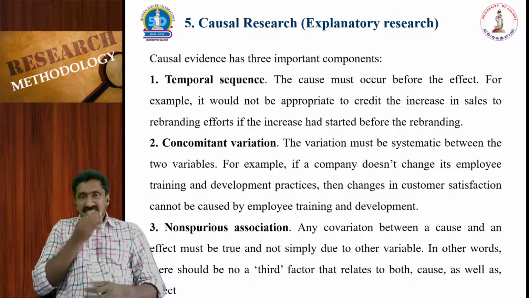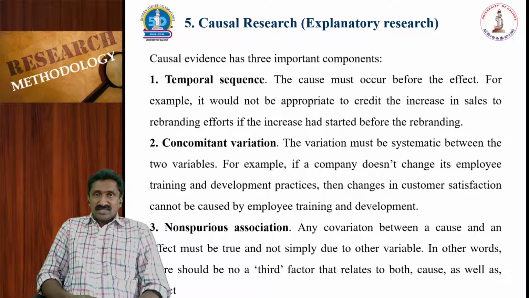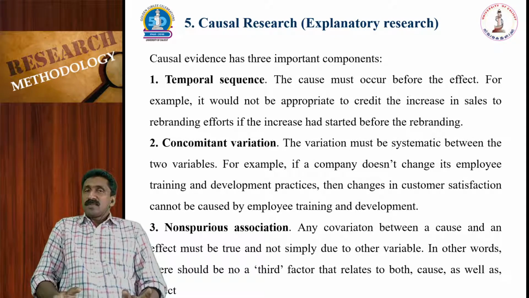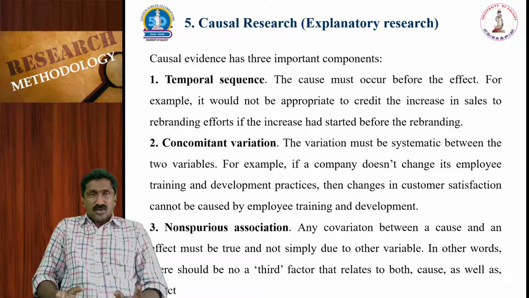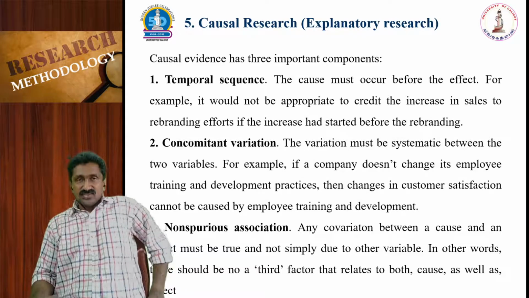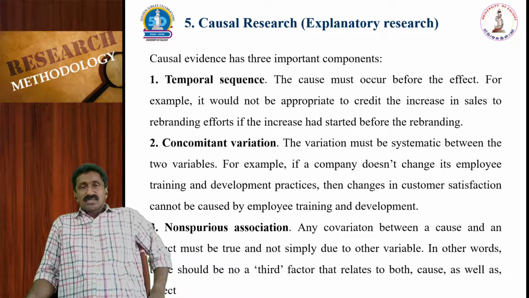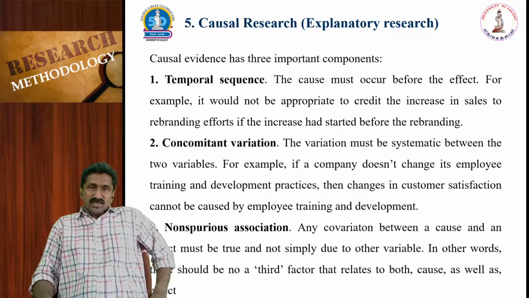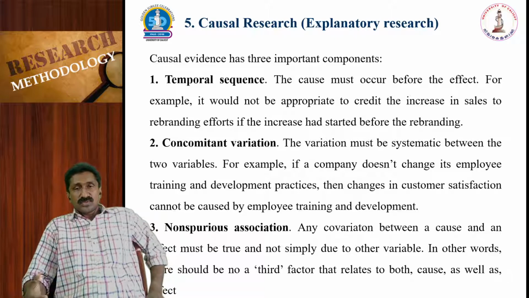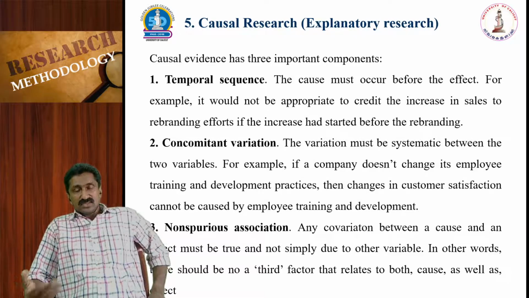So if there is a third variable that affects both, then your conclusion will be false, because it is not only the effect of A that is changing B, because there is another factor that you are ignoring. So such third factors or non-spurious association that should not be there.